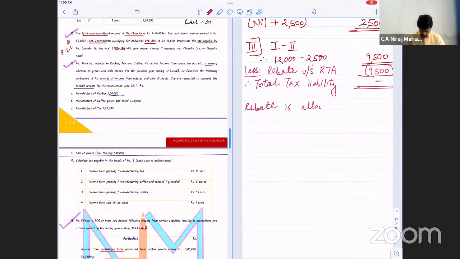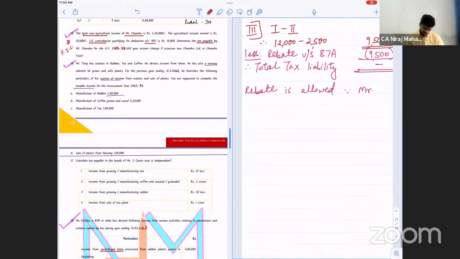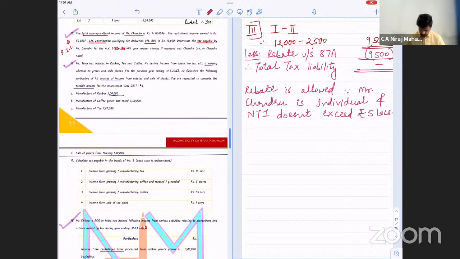Rebate is allowed since Mr. Chandru is an individual and NTI doesn't exceed rupees 5 lakhs, isn't it? Right? We'll go ahead, everybody. Okay.